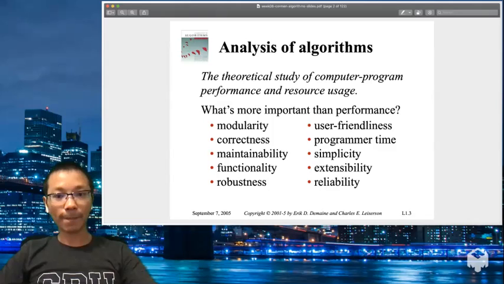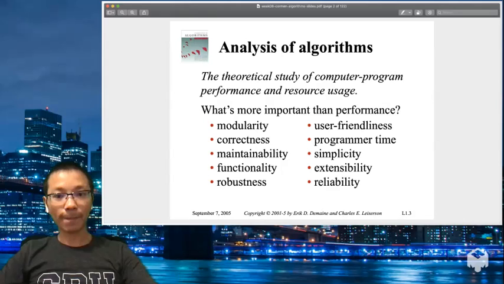Those are some of the software engineering concerns. Is it correct? Maybe it's really fast, but is it correct? Sometimes an algorithm may give you an approximate result, but that's good enough, not necessarily 100% correct. But most of the time, we're going to talk about algorithms needing to produce the right results.